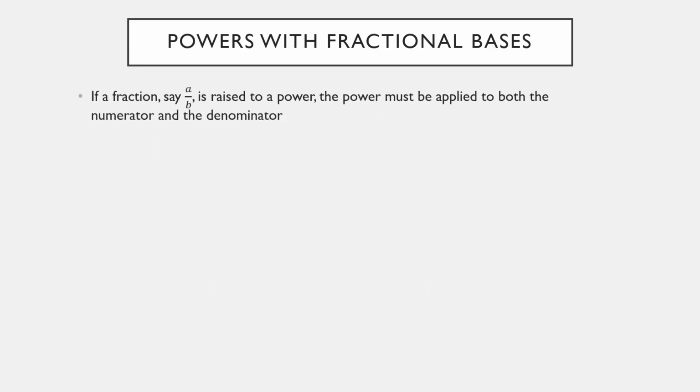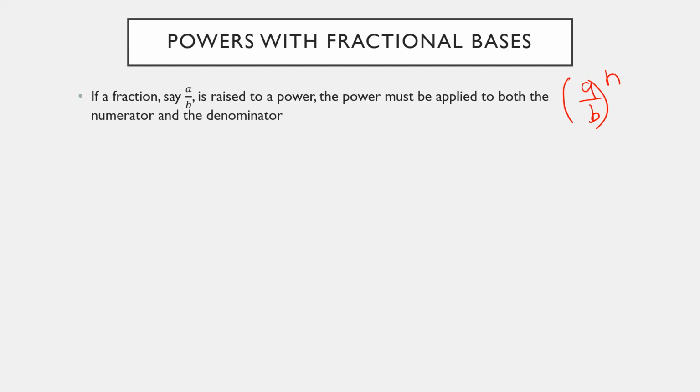If I were to have a fractional base, that means I have a fraction as a base, and I would have something like a over b to the power of n. The rule here is that you have to be careful with where the exponent goes.